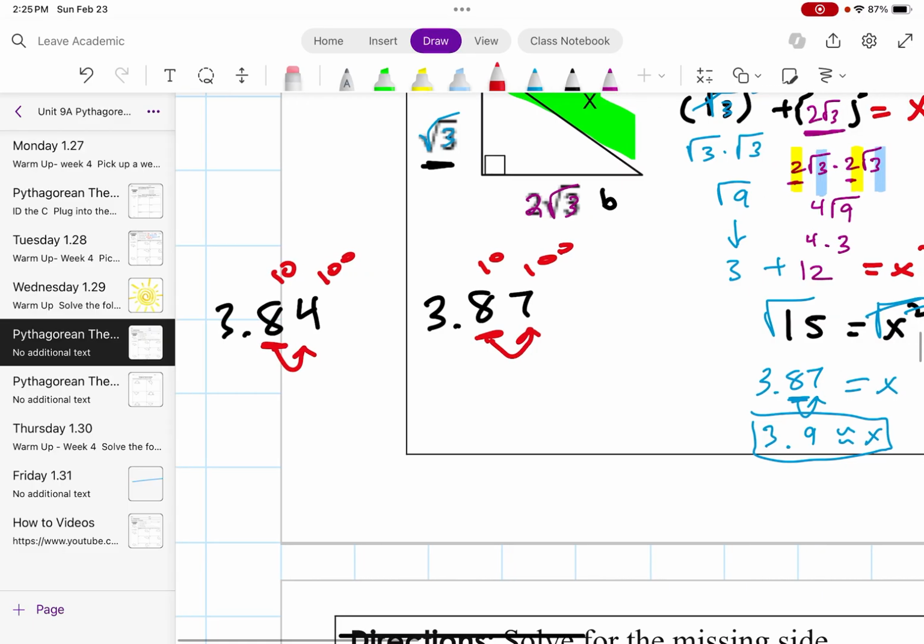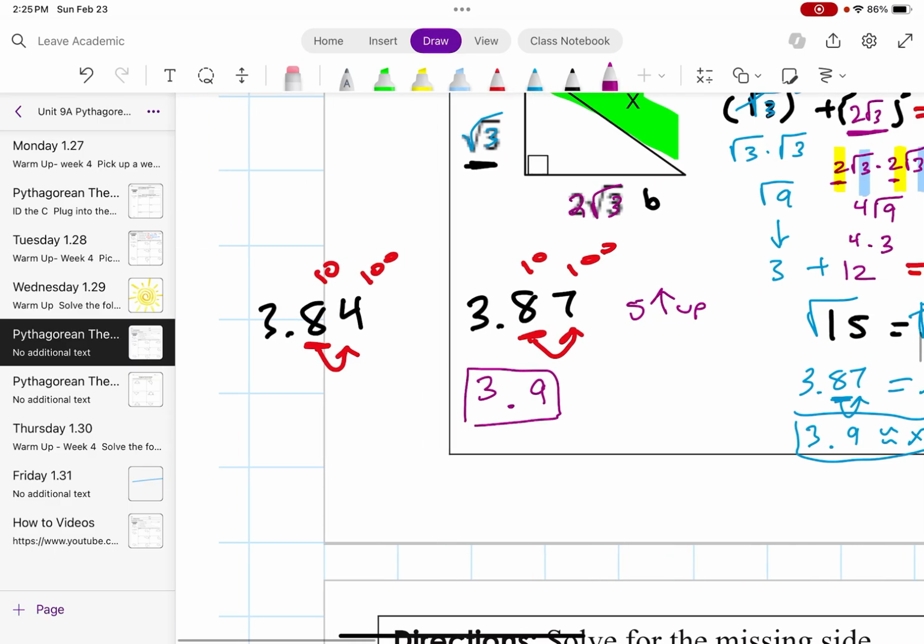Whenever we're rounding up, we want to check whether the number is 5 or bigger. So in this case, 5 and up happens to be the 6, 7, 8, 9. And that means it'll change this 8 to a 9. And then the 7 disappears, and this just stays as 3.9.